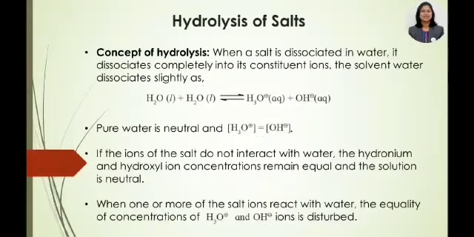The concept of hydrolysis: when a salt is dissociated in water, it dissociates completely into its constituent ions. The solvent water dissociates slightly, as you can see in the reaction.